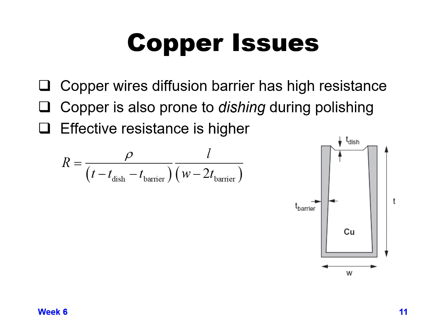So you lose some of the thickness due to dishing, some of the thickness due to the barrier on the bottom of the wire, and then you lose some of your width on either side due to 2x the barrier thickness, one on each side of the wire. So that goes into the total resistance of your copper wire as well.